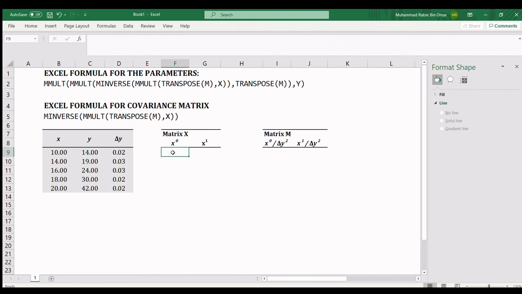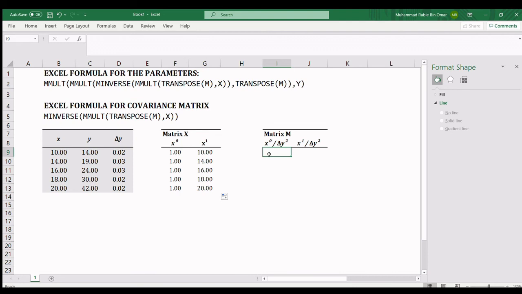So we begin by evaluating the first element of matrix X, which is given by X to the power of 0. And finally, we have X to the power of 1. And then we build matrix X by dragging the first row until the end of our measurement data.